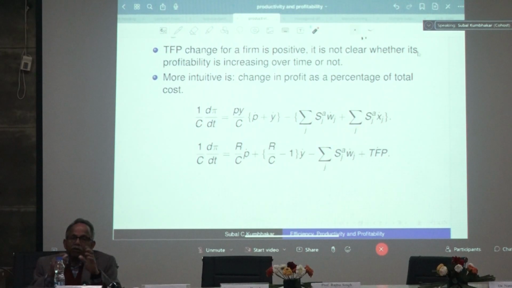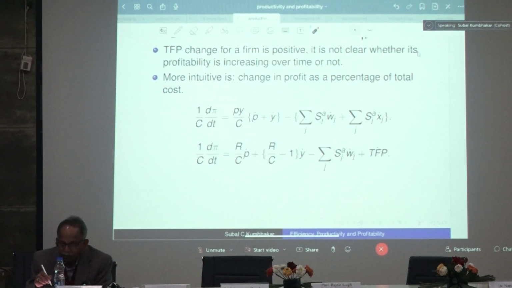Okay. So to measure what is happening to profitability, we define not percentage change in profit, but change in profit as a percentage of total cost.